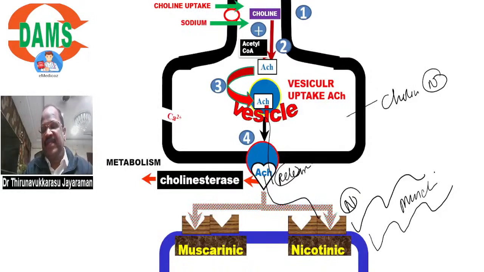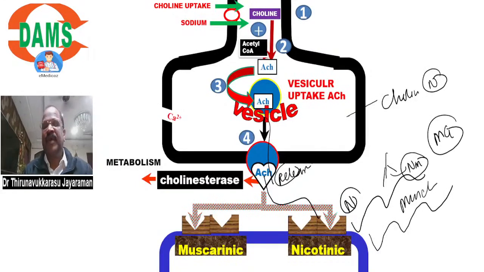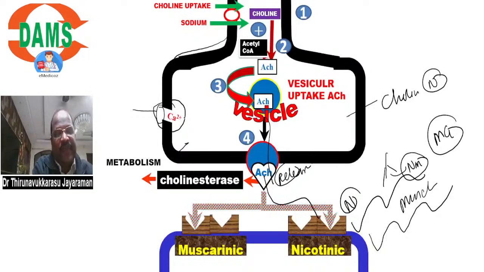And we studied that an antibody against the NM receptor causes muscle weakness. That's called myasthenia gravis. Now look at the neuron. In the neuron, we have one channel called the calcium channel. Whenever calcium enters through the channel, the calcium promotes the release of acetylcholine.